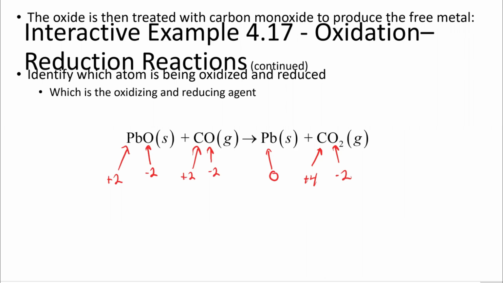The first bracket is going to be for one of the things that's changed and the other thing that's changed is going to be the second bracket. So we'll go from lead all the way to lead, draw a bracket. So we can see lead went from 2 to 0. Was it oxidized or reduced?